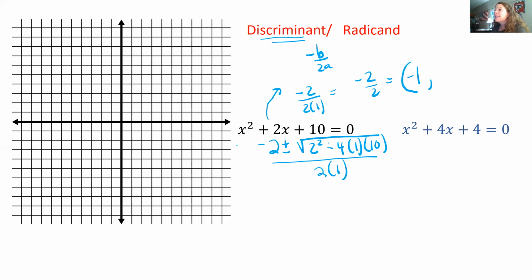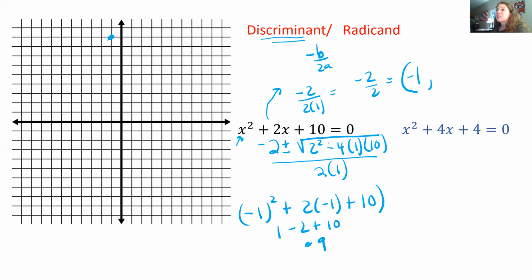And then we plug in negative 1 to find out what our y value is. So negative 1 squared plus 2 times negative 1 plus 10. Negative 1 squared is 1, minus 2, plus 10 is equal to 9. So the vertex is negative 1, 9. Over 1, and then up 9.